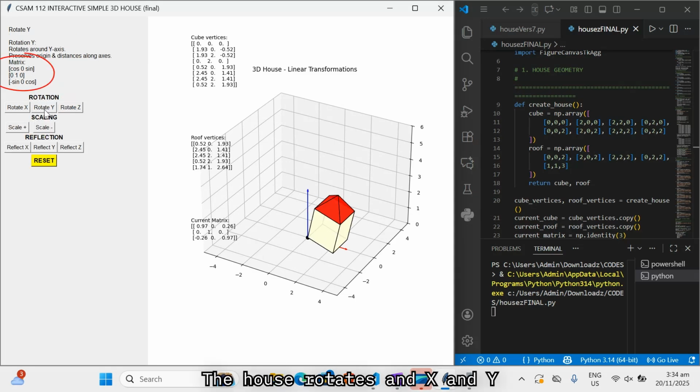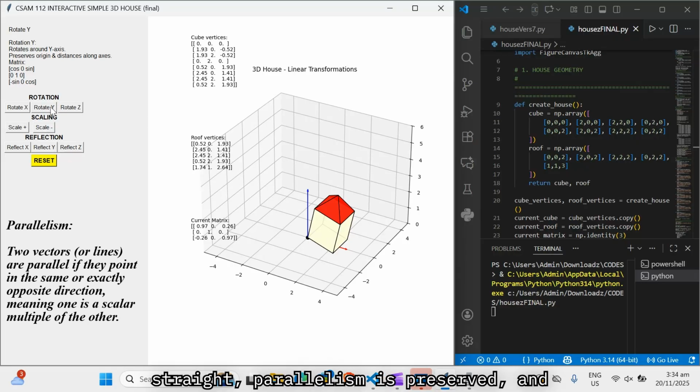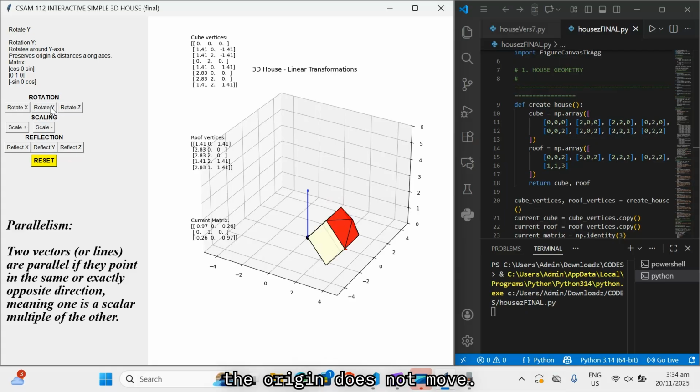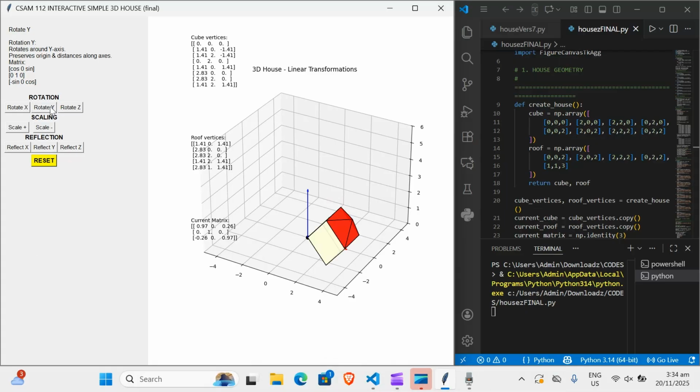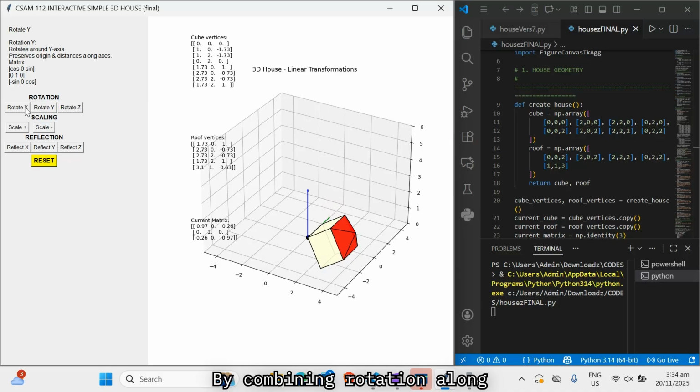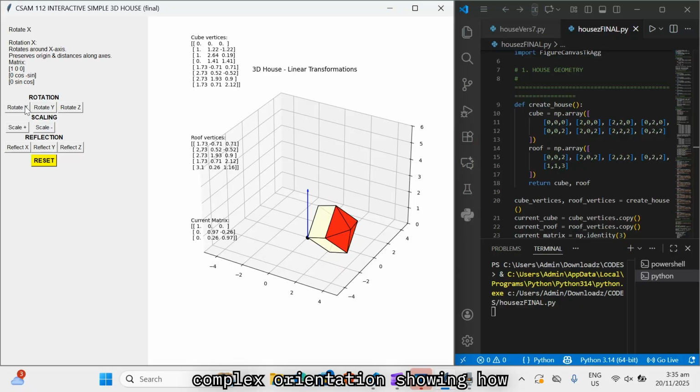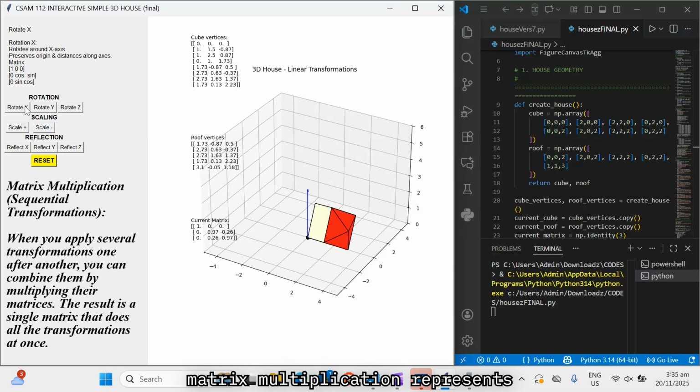The house rotates in the x and z plane. The origin remains fixed, demonstrating that rotation is a linear transformation. Straight lines remain straight, parallelism is preserved, and the origin does not move. By combining rotation along x and y, we can achieve complex orientations, showing how matrix multiplication represents sequential linear transformations.